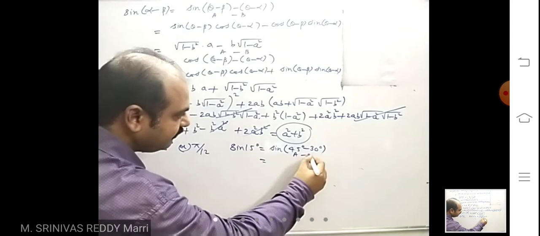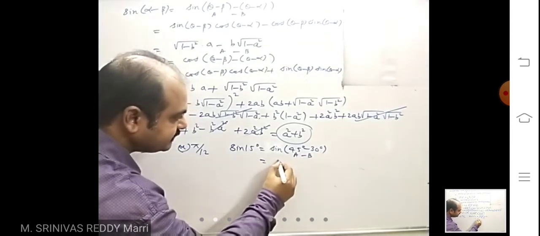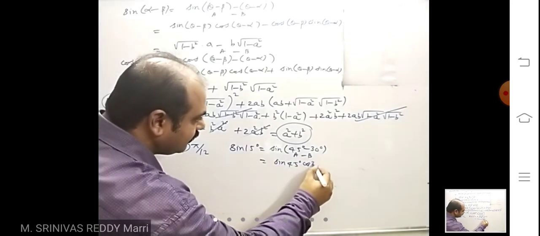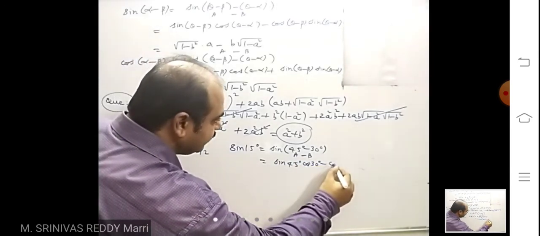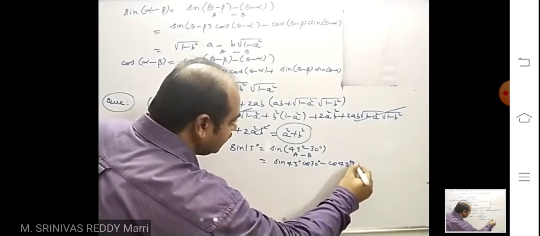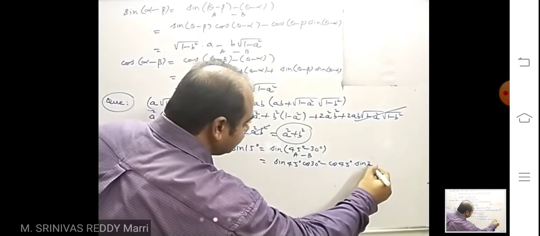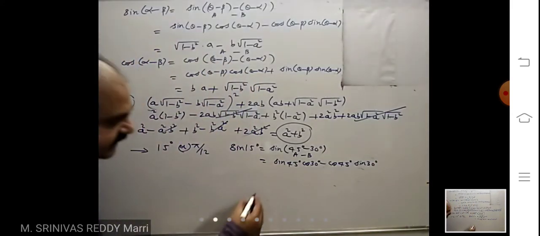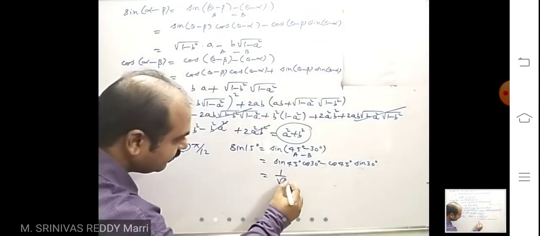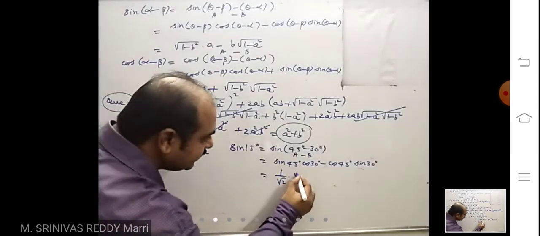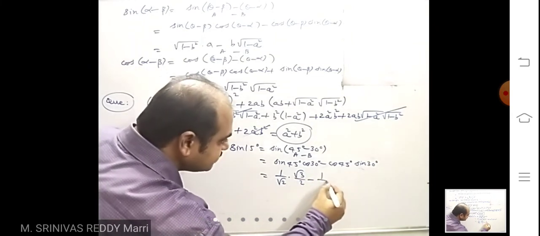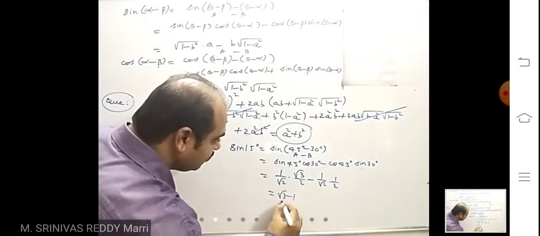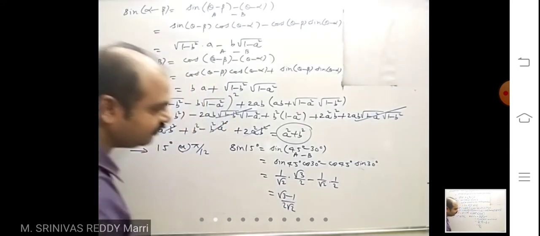So this is sine of A minus B, that means sine A cos B minus cos A sine B. So this is 1 by root 2 into cos 30, which is root 3 by 2, minus 1 by root 2 into sine 30, which is 1 by 2. So this is nothing but root 3 minus 1 divided by 2 root 2.